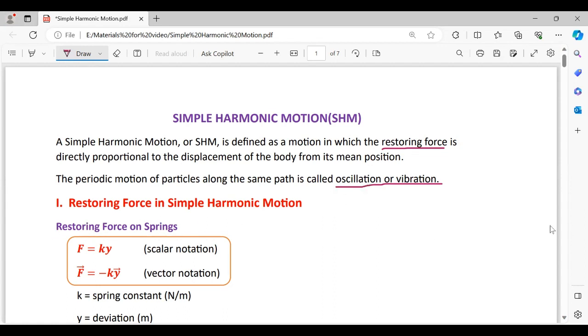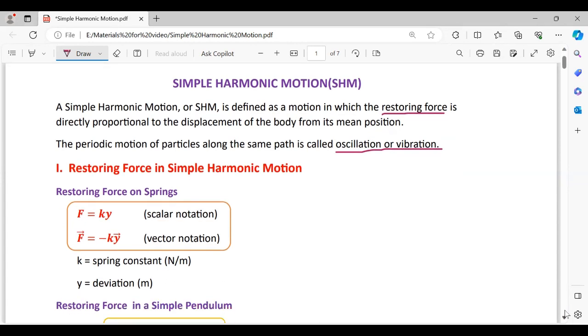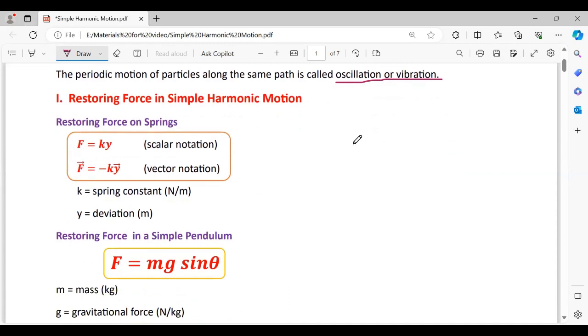First, restoring force in simple harmonic motion. There are two restoring forces in simple harmonic motion because we can calculate the simple harmonic motion restoring force through a spring as well as a pendulum.